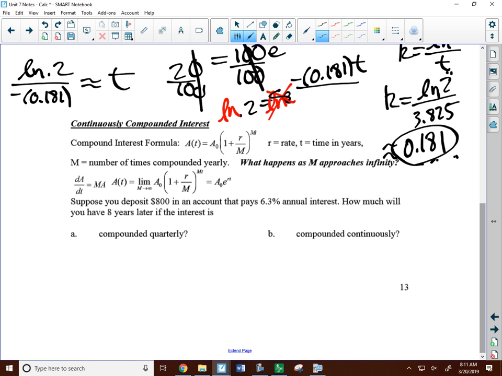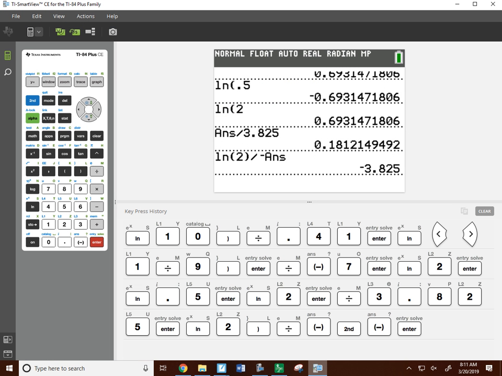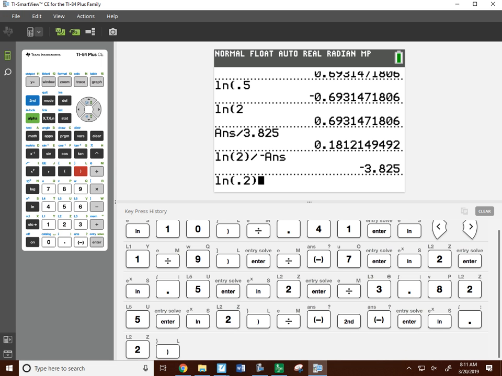No, it's 0.2. Oh, I did? Oh, thank you. I was like, the work seems great. ln of 0.2, divided by this answer up here. Oh gosh, why did I hit divide 3 times?